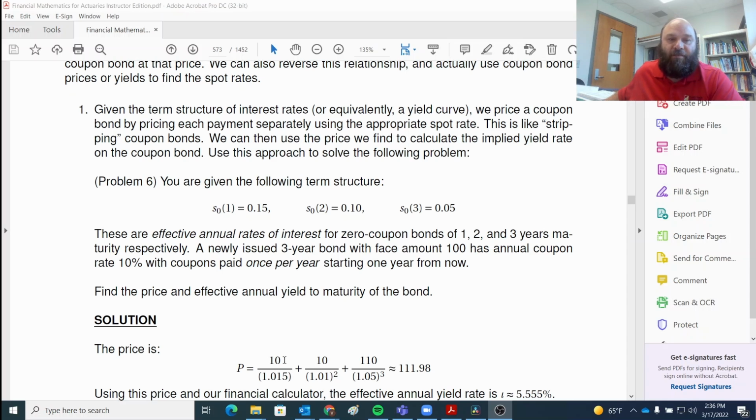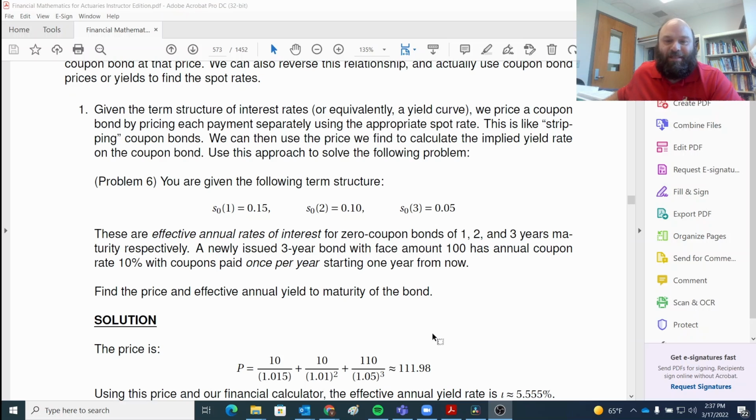The first coupon of 10 gets discounted at 15%. The second gets discounted at 10%, but over 2 years, because that's what the term structure means. That's what S2 means: an annual rate in effect for 2 years. So we discount that for 2 years. And the 110 gets discounted at 5%, but for 3 years. We put all that together, we calculate it, and we get 111.98.